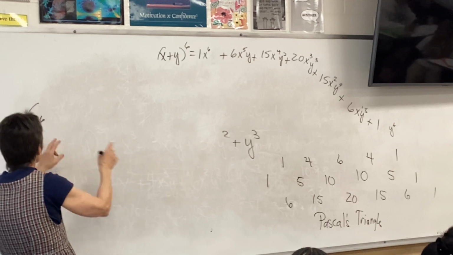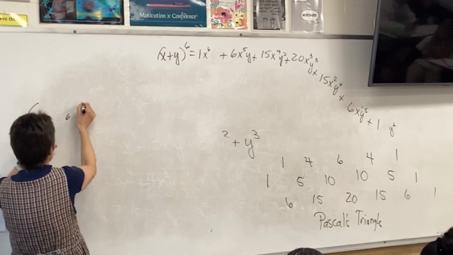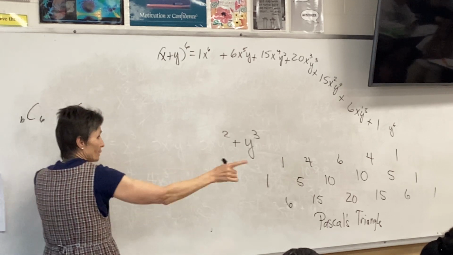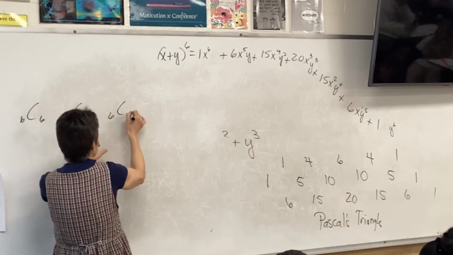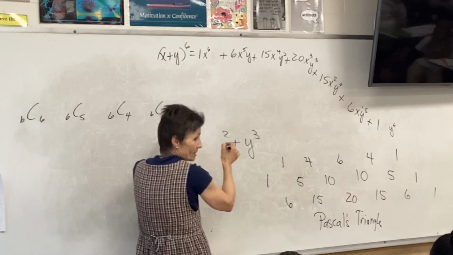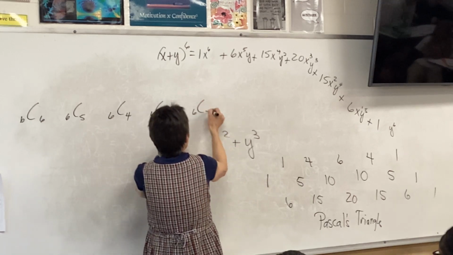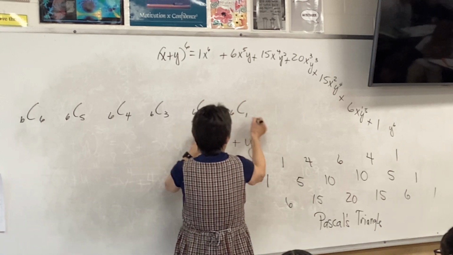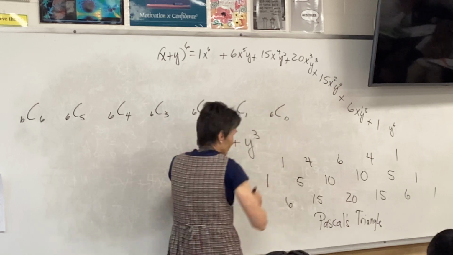Okay, Amanda, your row is gonna type in 6C5. Robbie, you guys are doing 6C4. Peter, 6C3. Sydney, 6C2. Kamara, 6C1, and I'll do 6C0.